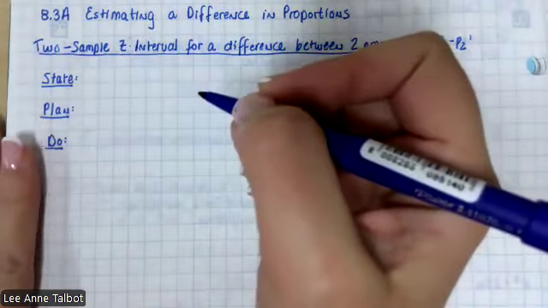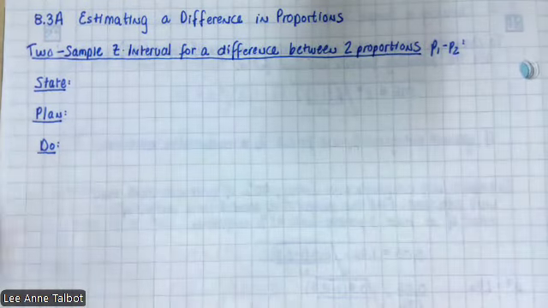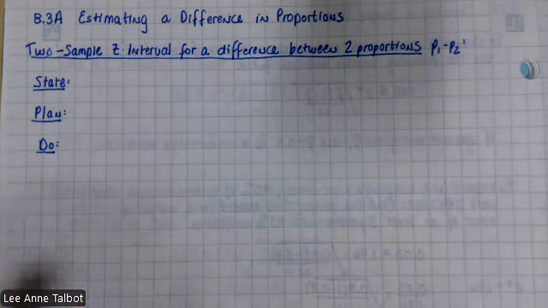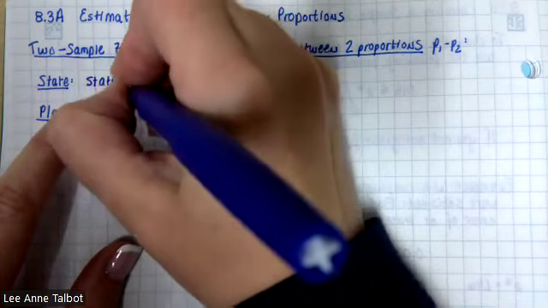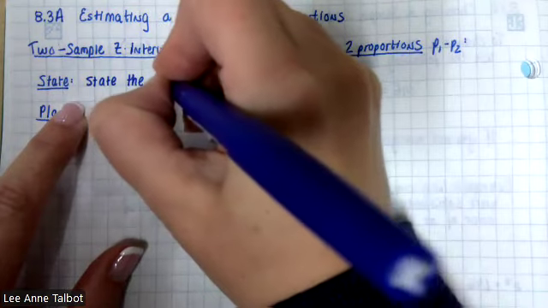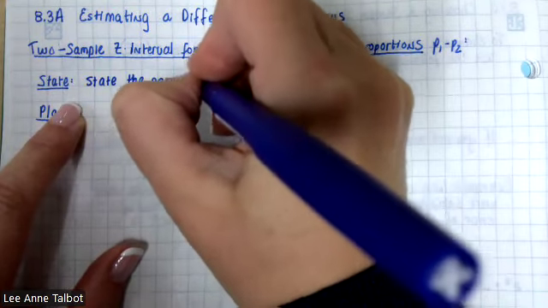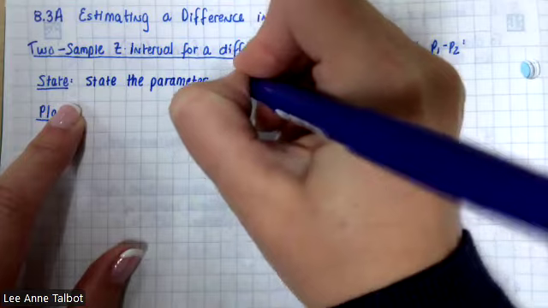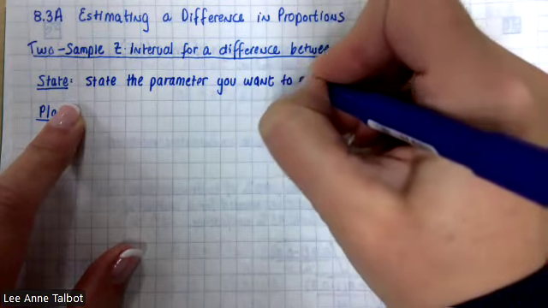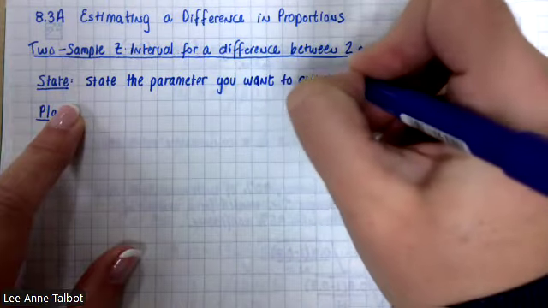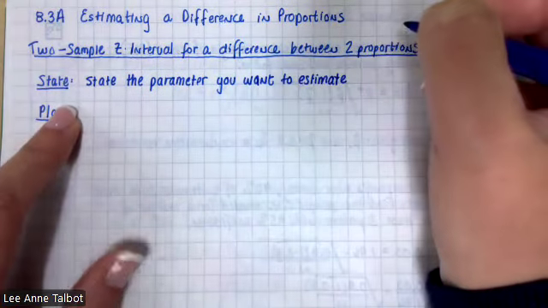So, four-step process. This is what we're hopefully working on memorizing right now. The state is the same, so state the parameter you want to estimate.